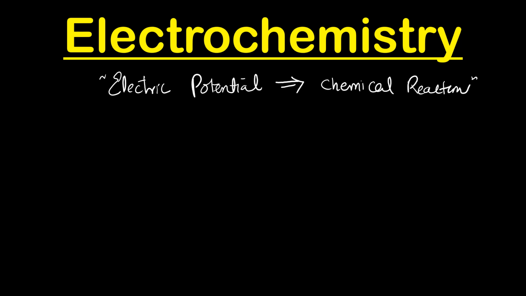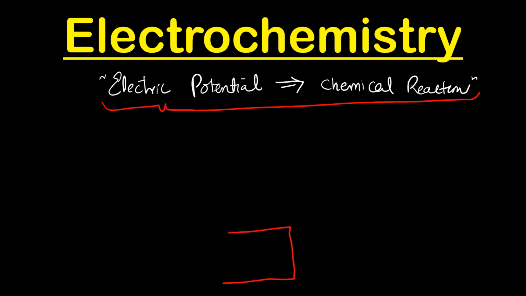In this condition of applying an electric potential causing a chemical reaction, we usually use a battery as an external source of potential.